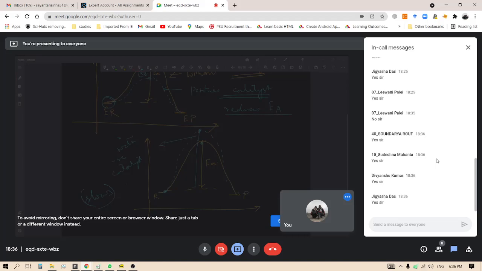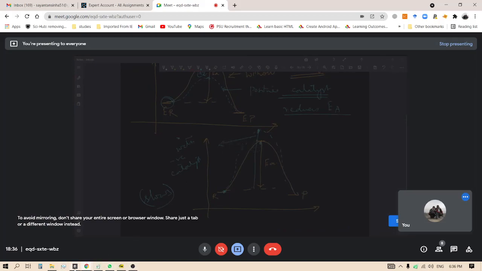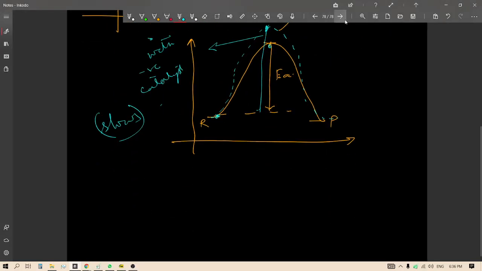Okay. Now let us solve. In order to understand the chapter completely, it is very necessary that we solve some numericals. We are going to solve primarily the in-text questions that are there in NCERT. So if you have your NCERT book at hand, kindly take it out.